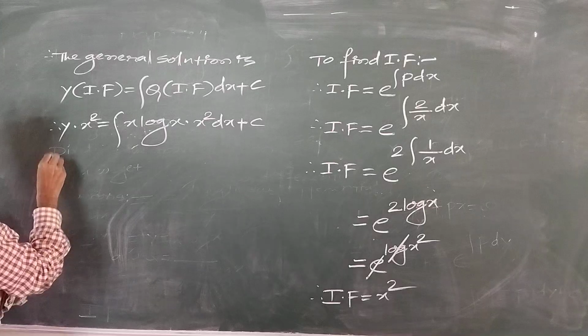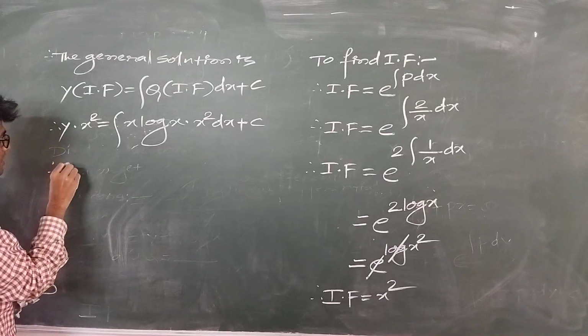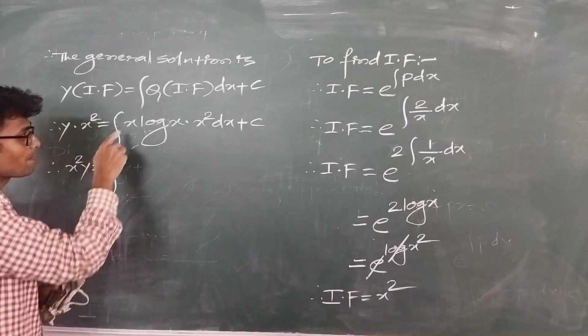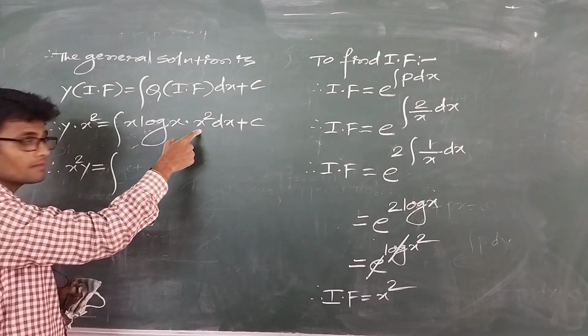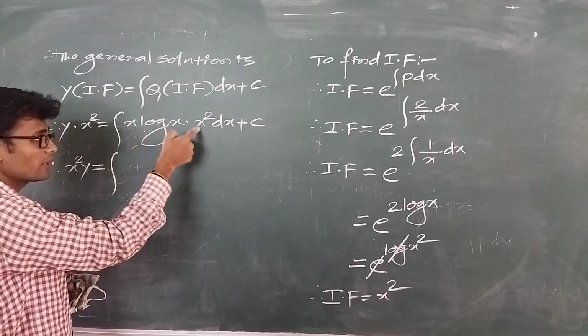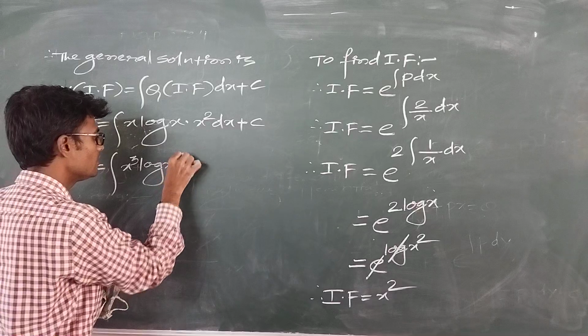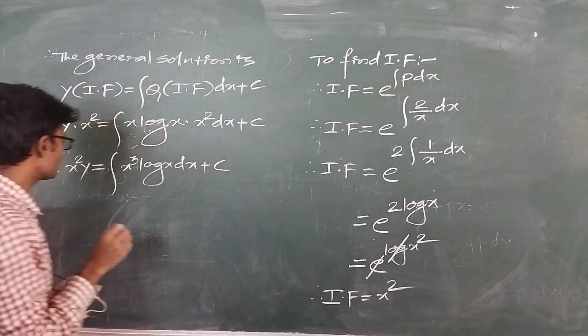So I will write x square y is equal to integration of x log x into x square, which is x cube log x into dx plus c.